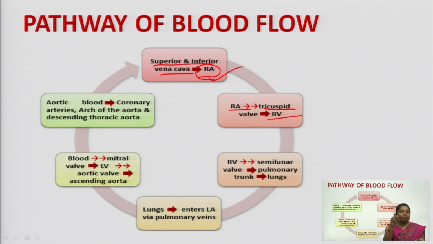Fine. Now, from right ventricle where deoxygenated blood is present, this deoxygenated blood will cross one more valve, that is the semilunar valve, and will enter into the pulmonary trunk. Fine. So, here it is the pulmonary artery that will carry the deoxygenated blood into your lungs.